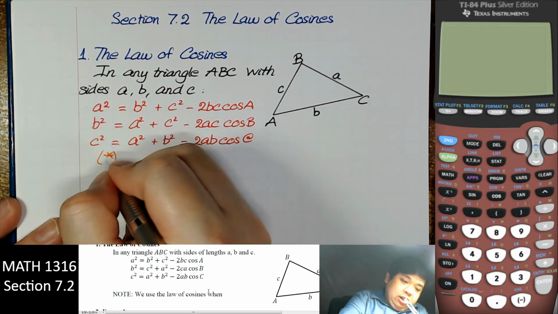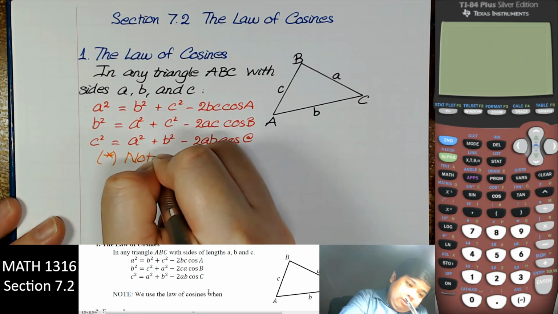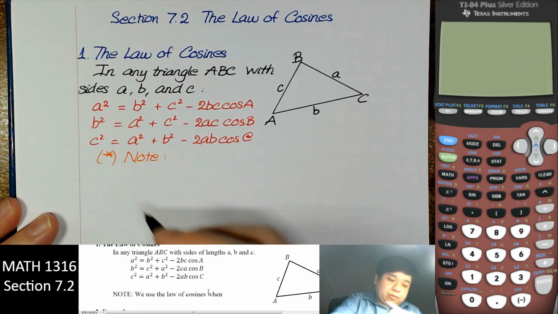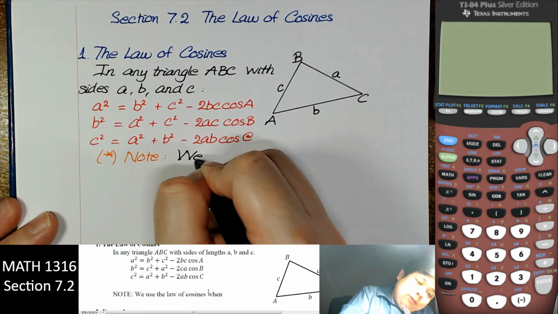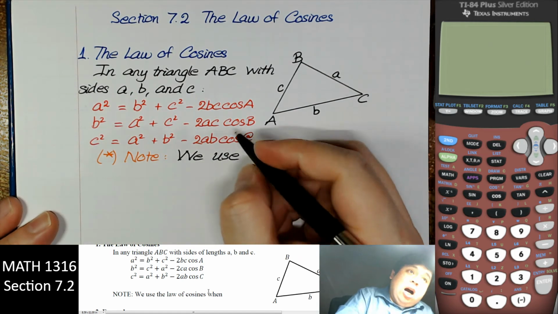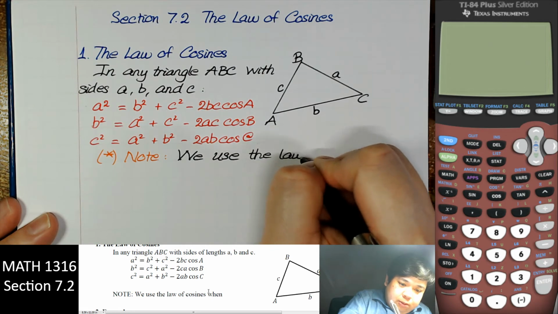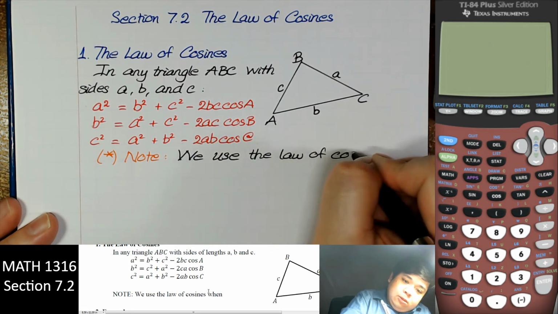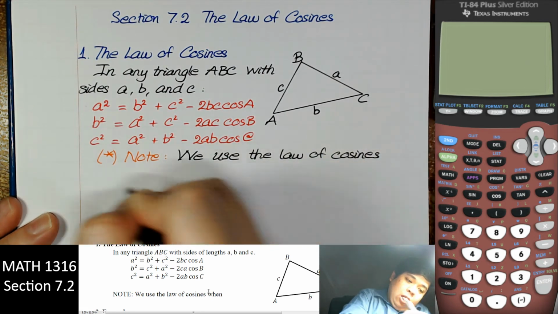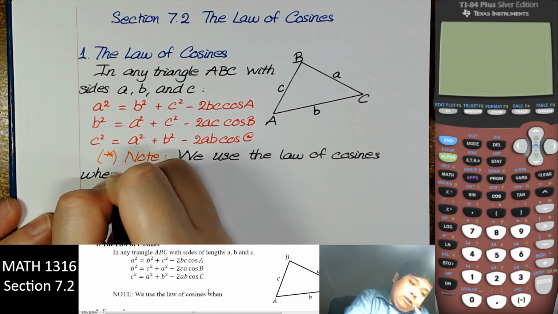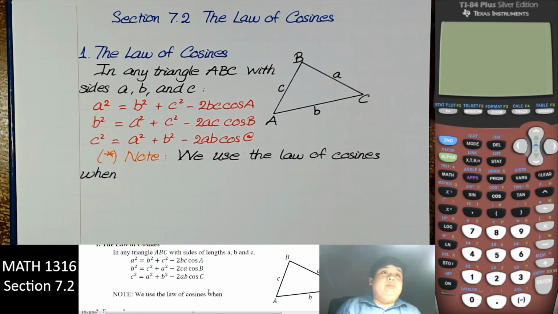Most importantly, when do we use the law of cosine? So it goes without saying, I mentioned before, when we have an opposite angle and side, that is the law of sine. When we don't have that, we use the law of cosine.